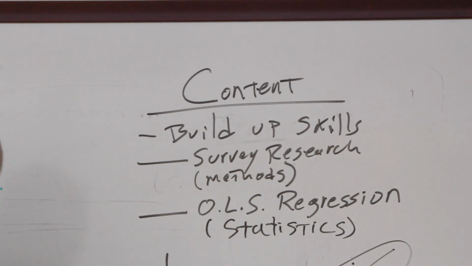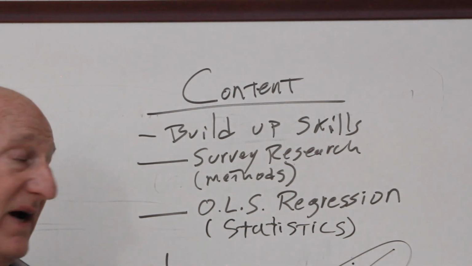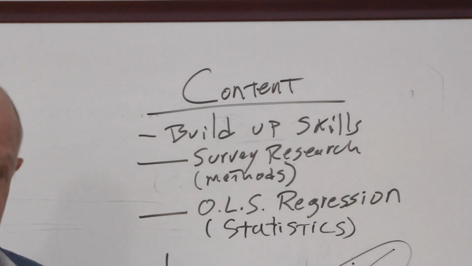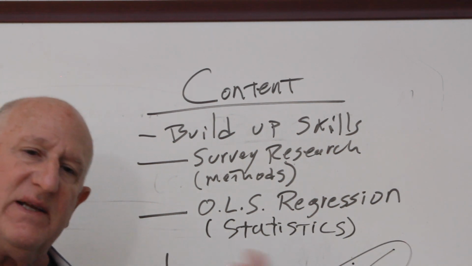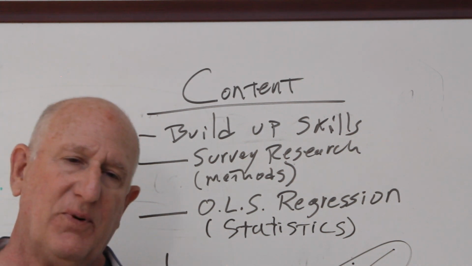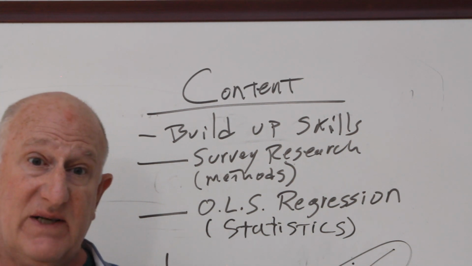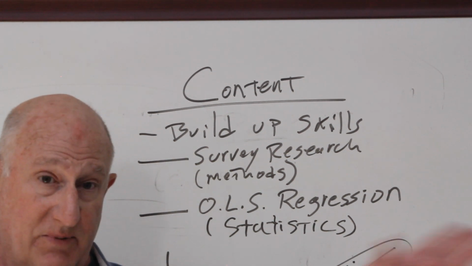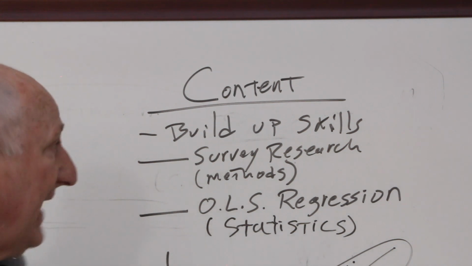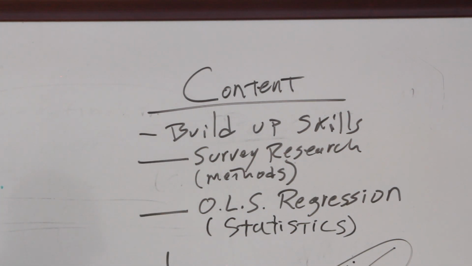How can I teach you to be able to write good survey items and write good entire surveys and write good code books, which is the document that explains your survey, because everything in this class, everything that you put into the survey is going to be turned into a number. Everything that any respondent or subject that you give your survey to needs to be able to be translated into a number, and that's this, writing good materials and explaining how you can change people's responses into numbers, okay?